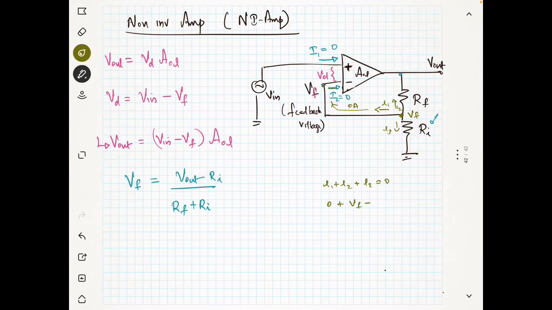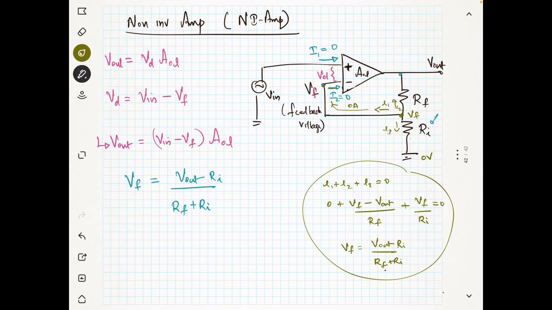So (VF minus V out) divided by RF plus I3, which is VF minus 0 volt, so VF by RI. This total is equal to 0. If you solve this, you can find VF as V out divided by RF plus RI into RI. Both are same, okay. You can find like this also.